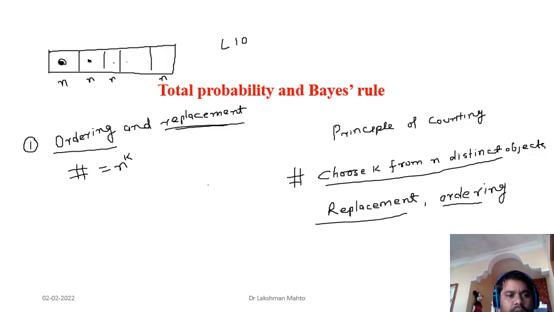Okay. Now, the second case will come. We have order, but we don't have replacement. That means ordering without replacement.